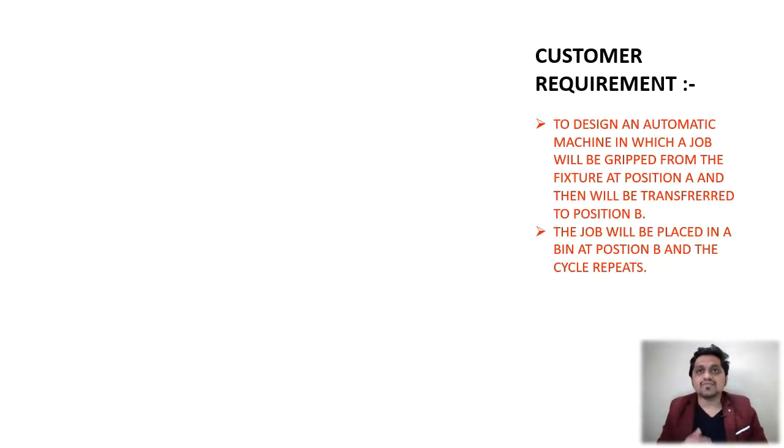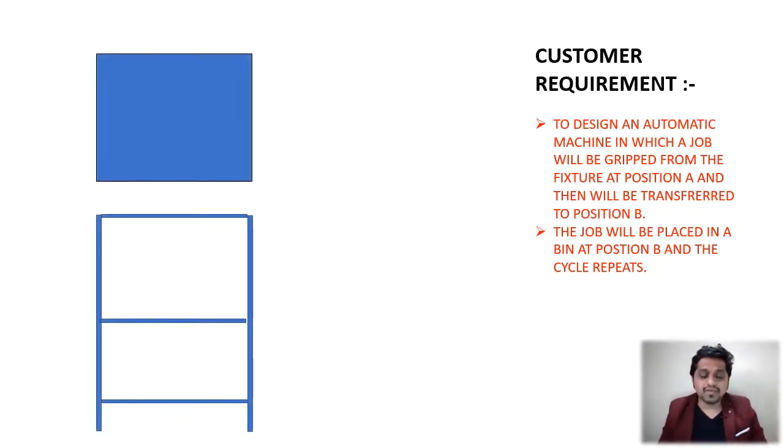So what do we do? Initially we do some rough design, with our own considerations. First, we will design some kind of frame for this machine, right? This is the first and basic step.